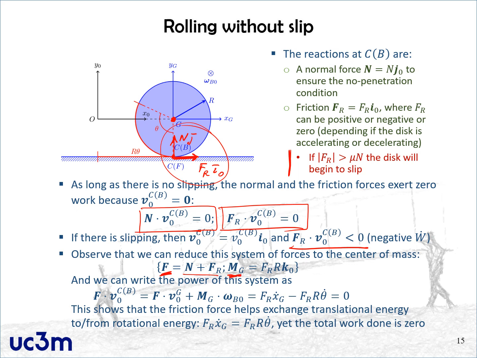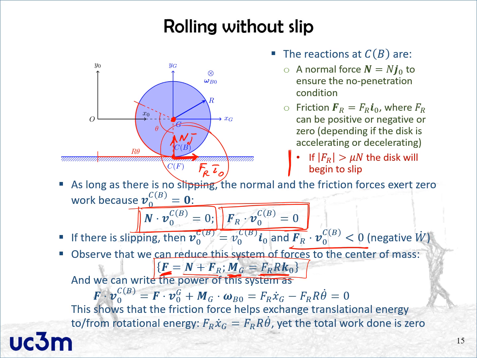The normal force does not create any torque about G, but the friction force does. And this is the torque associated to the friction force about the center of mass, right? So another way of writing the power associated to these two forces is to use the reduced system of forces on the center of mass using the velocity of the center of mass and the angular velocity of the rigid body.